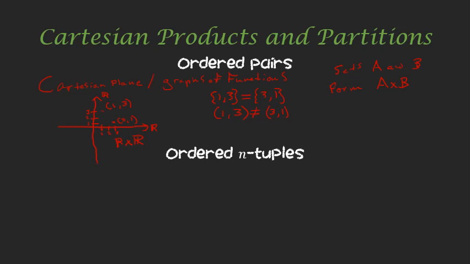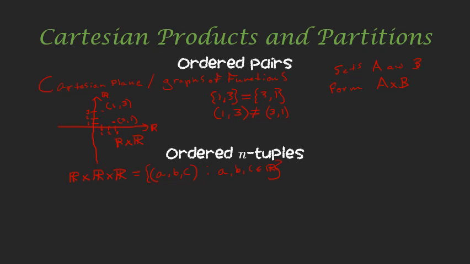We could, if we want, and a lot of people like to do this, especially in physics and engineering, consider the set R cross R cross R. This would be the set of all ordered triples (a, b, c) such that a, b, and c are in R. It's not too much different from ordered pairs, just we can have more elements in them, and the order still matters.